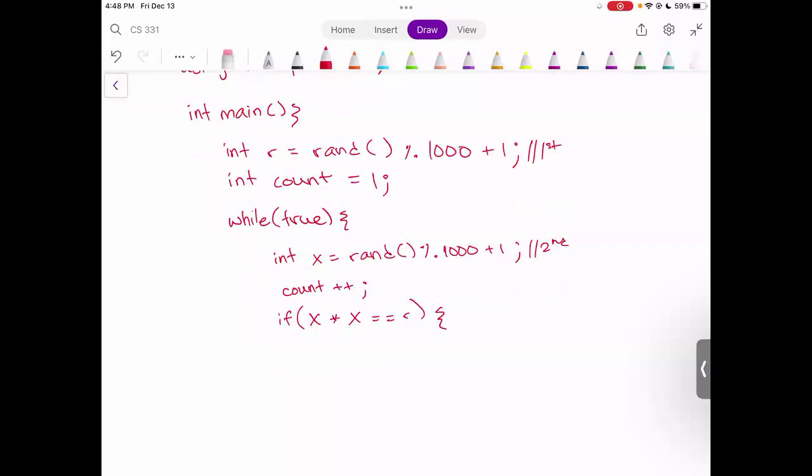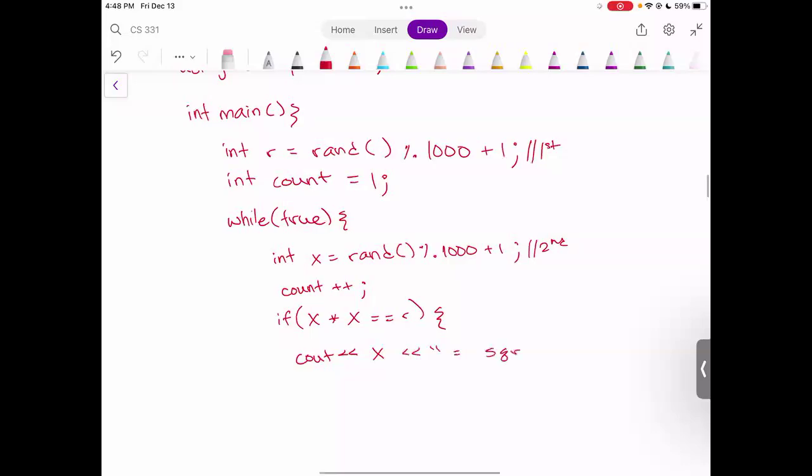And we say cout x equals the square root of r, right? Because x times x had to equal r, which means that r has to be the square of x.